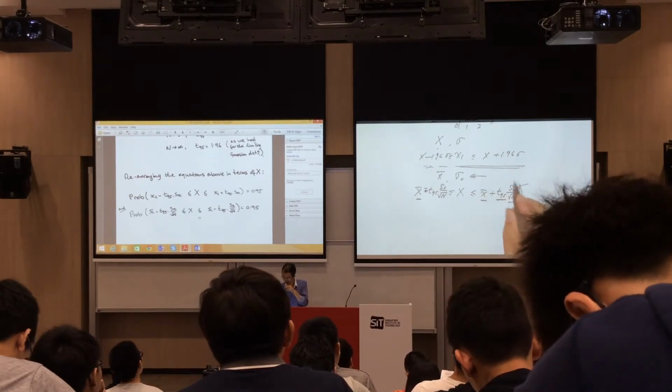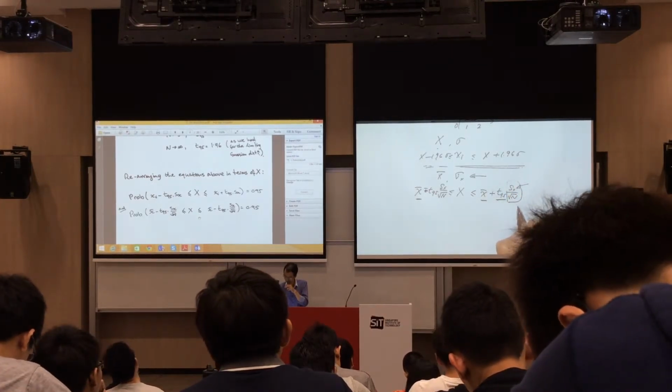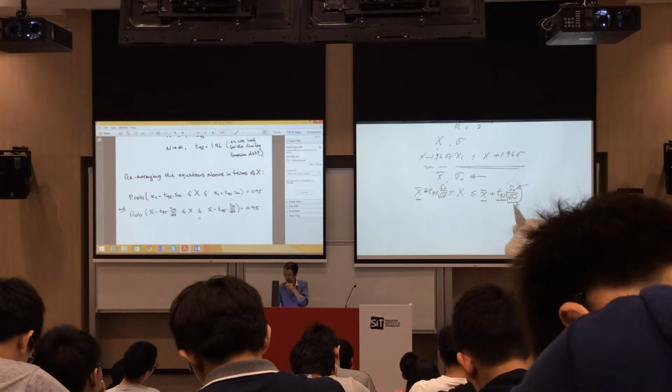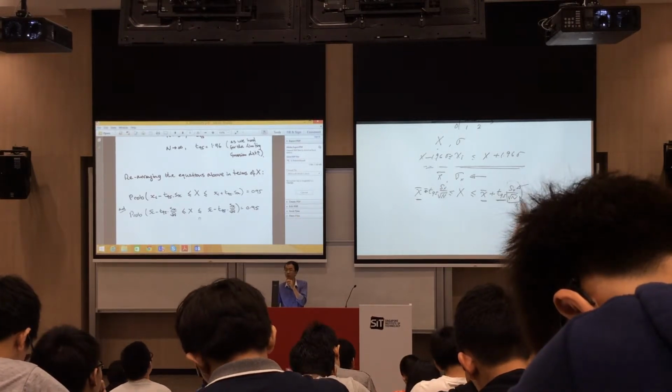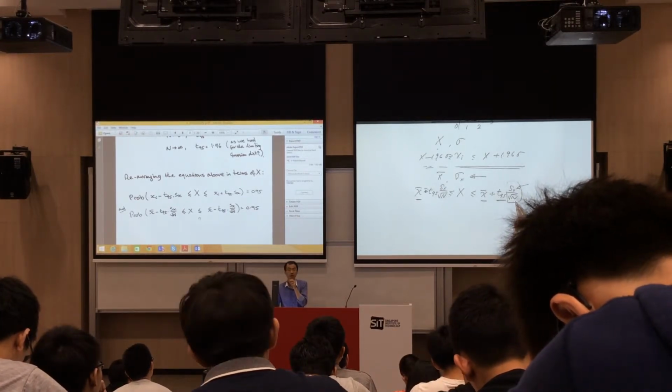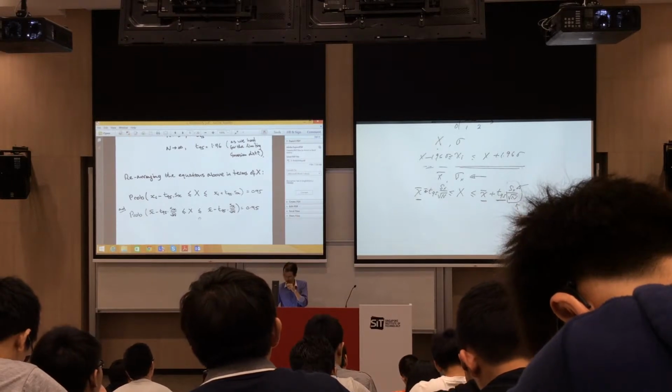So basically, SX divided by square root of n is your standard deviation of the mean.